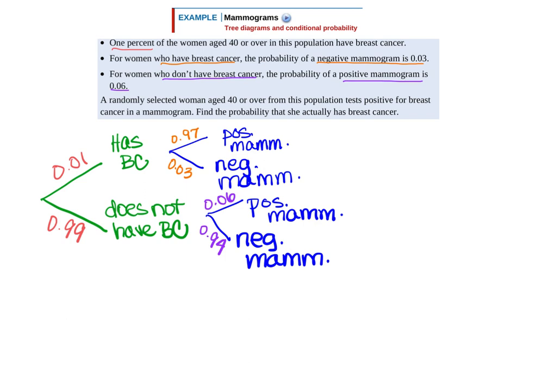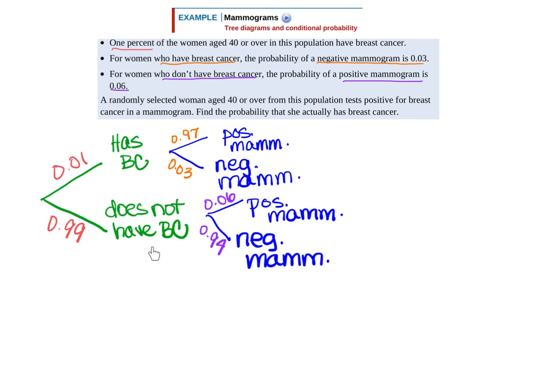So what I'm going to do here is make a tree diagram with what I know. The first event that can happen is either you have breast cancer within this population or you do not. So 1%, 0.01, has breast cancer. That means 99%, the rest of them, 0.99, do not. And then from there, they can have a positive mammogram or a negative mammogram.